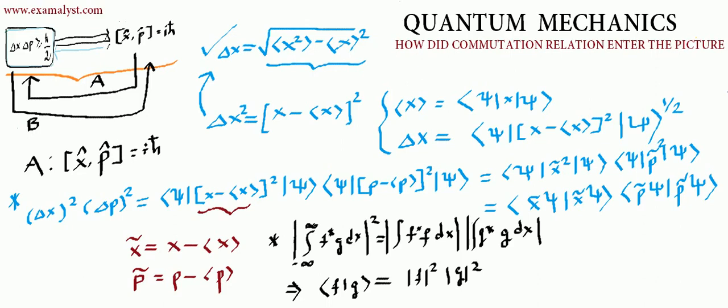So this is your Schwarz inequality that you have studied. So what we will do is use this Schwarz inequality to write this relation. So this will be written as, okay, we have to write it small, we lack space here.